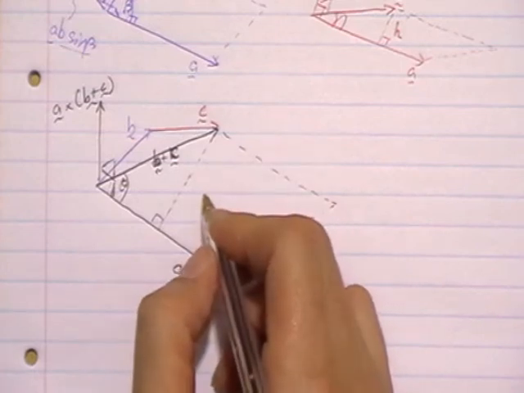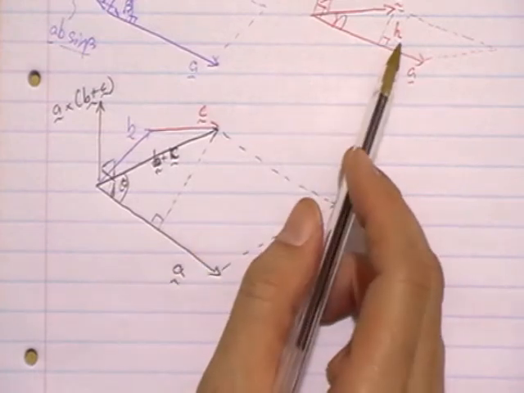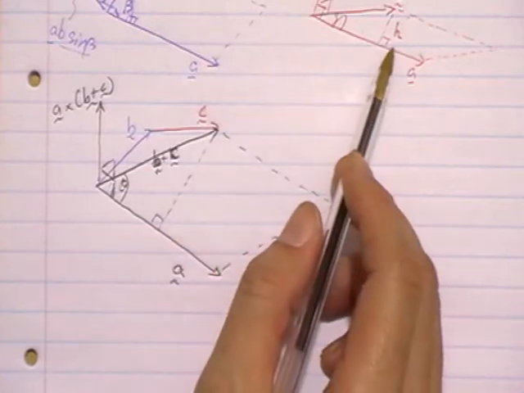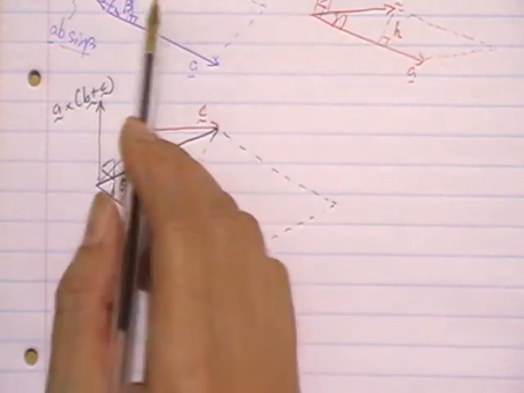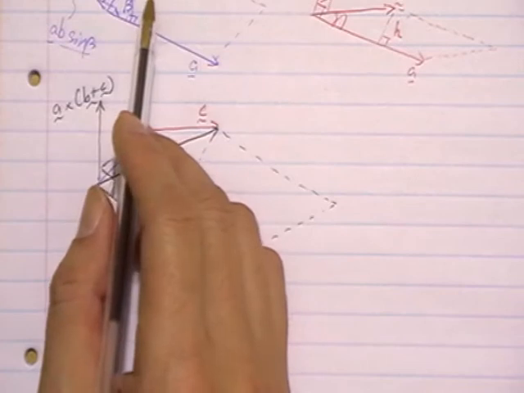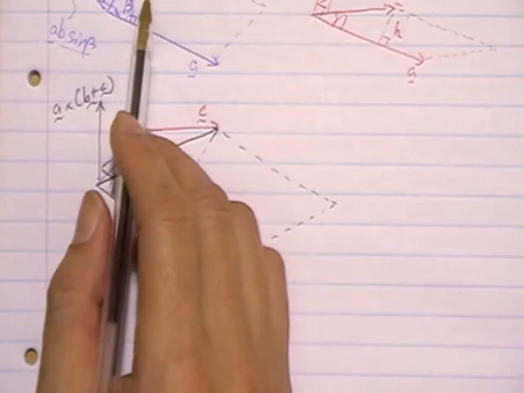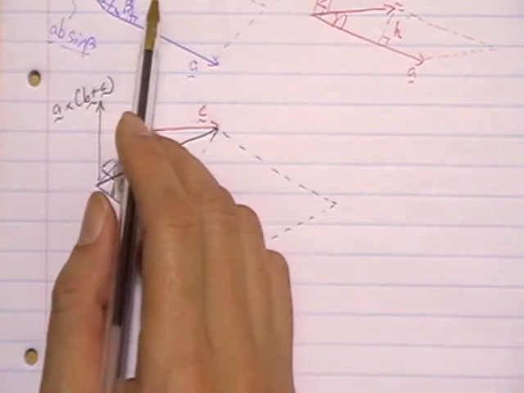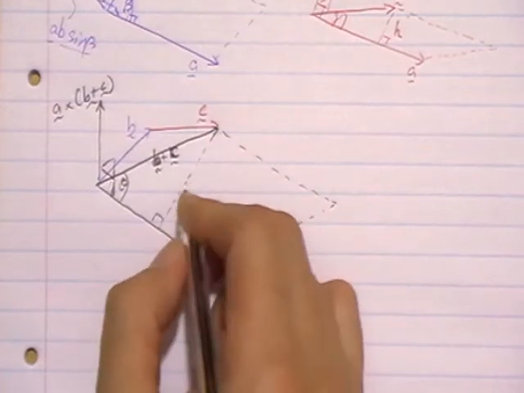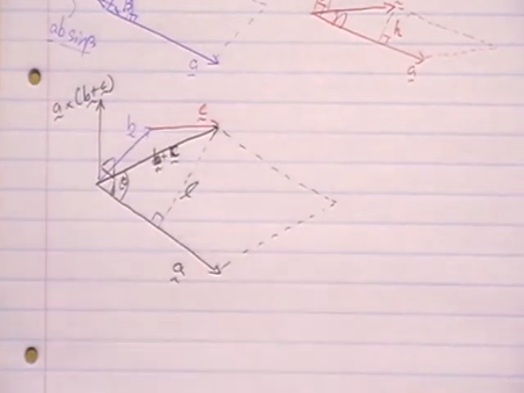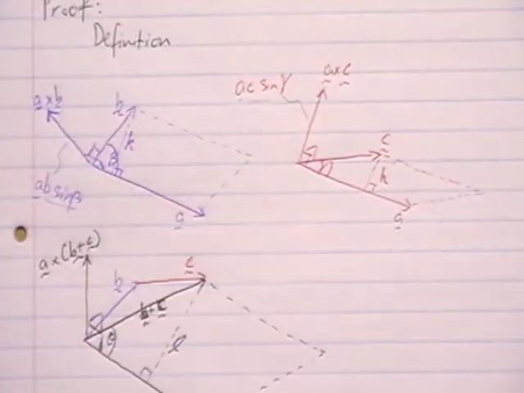And I shall call this, so I call that K, I call that H, I call that K. Let me call this L then. So far so good. I have a separate picture for each of these.